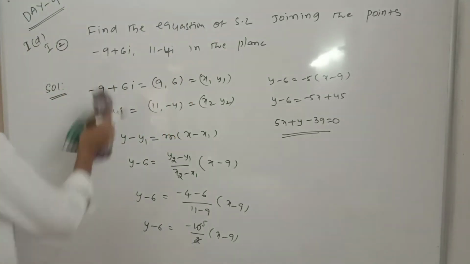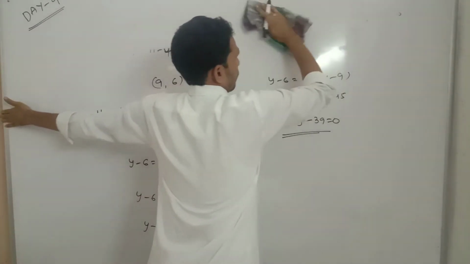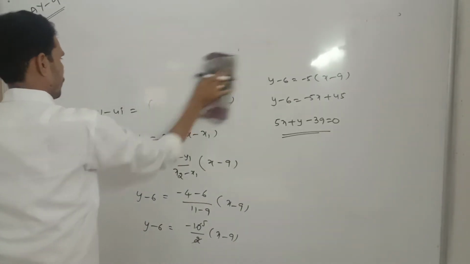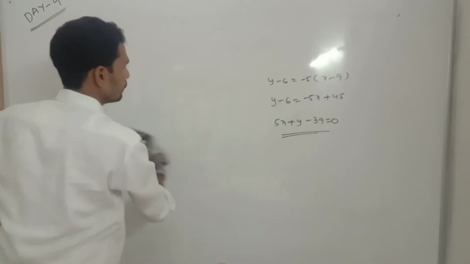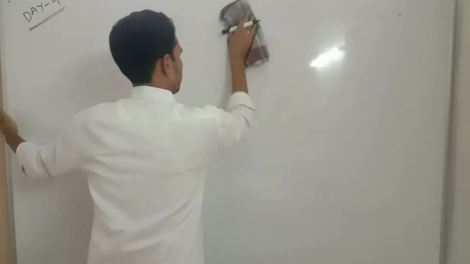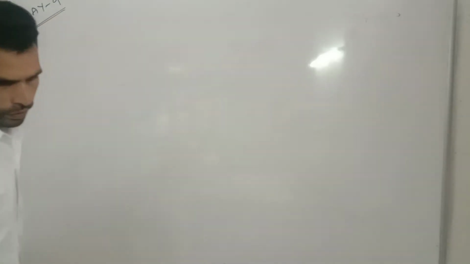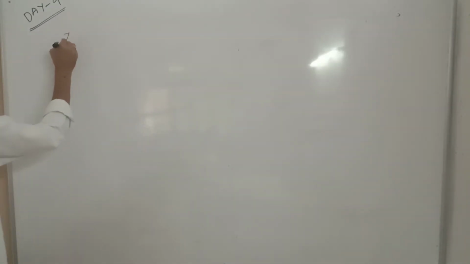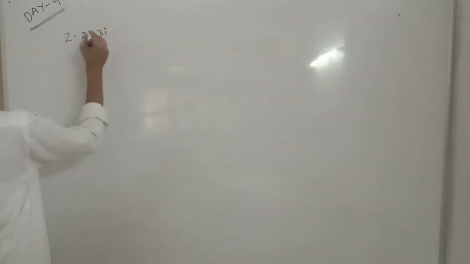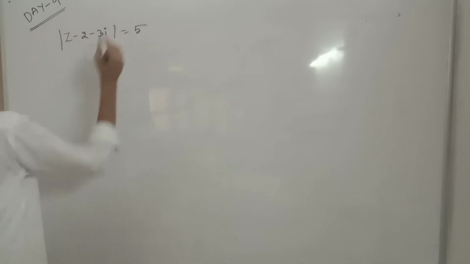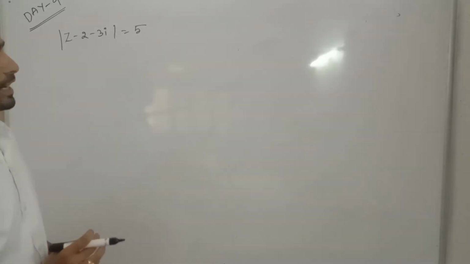Second bit, first problem. Find the equation of the locus |z minus 2 minus 3i| is equal to 5.